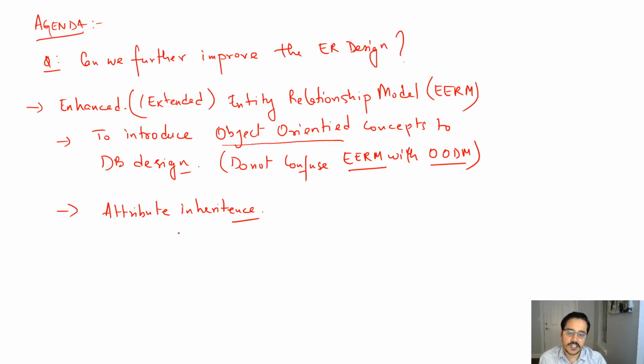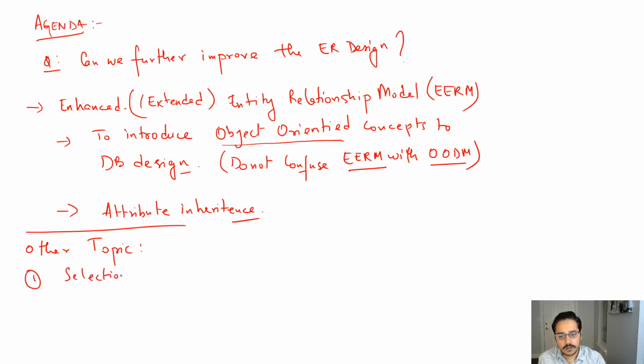And of course, this chapter thereafter has other topics which specifically discusses two different scenarios. One is the selection of primary keys, right? So up until this point, we know what primary keys are, right? But we have not really addressed which attribute or which candidate key will be a good selection to become the primary key of the table.